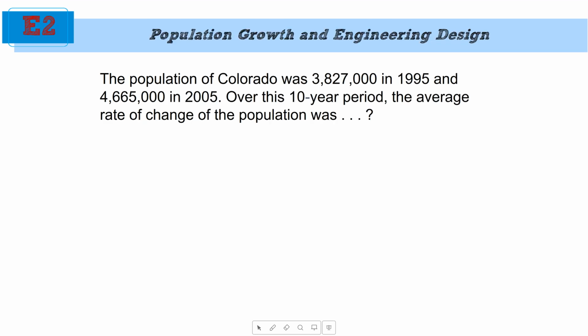Done. Move on. Okay, so we got Colorado, we got some population, we got some years. Will this be a ratio or a rate of change? It's a rate of change because we're comparing 2 different units, people to years. Calculate that, please. Oh, by the way, it also says rate of change in the problem.